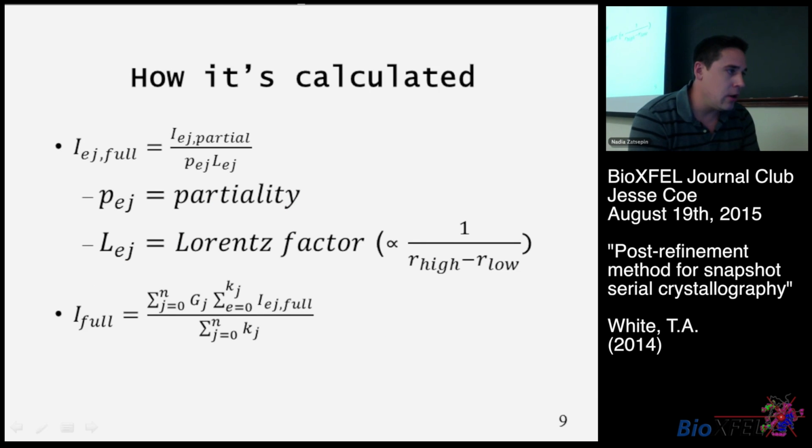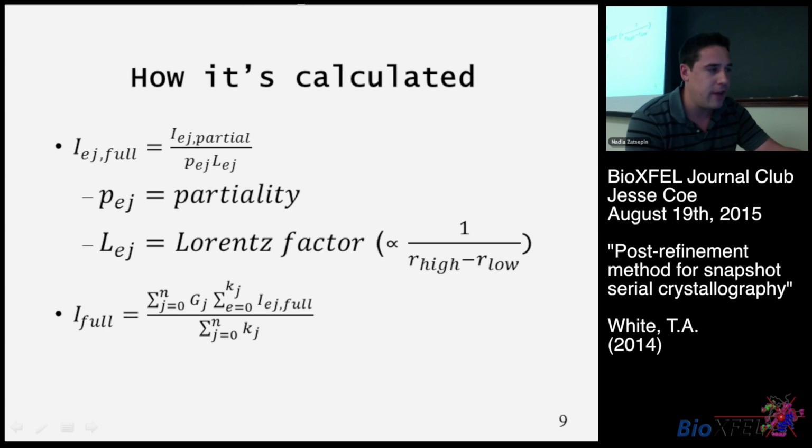So how does he calculate partiality within this? What we want to know is the intensity of the full measurement if we had measured the entire reciprocal sphere, and of course it needs to be scaled from what we're measuring partially. And so we get our intensity partial, which is on the right side of that equation. This would essentially be what you measure.